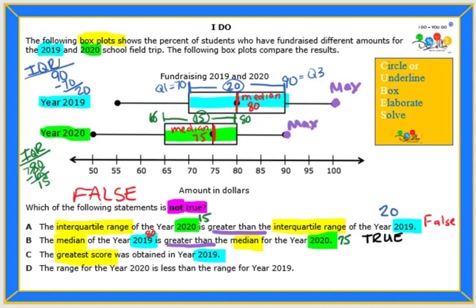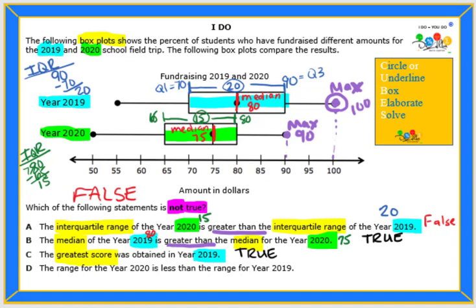If I'm comparing both graphs, the highest maximum was in 2019. It was 100, because that's greater than the maximum of 2020, which was 90. So the greatest score was obtained in 2019? Yes, because that had 100, which was the greatest score obtained and recorded. So that is also true.